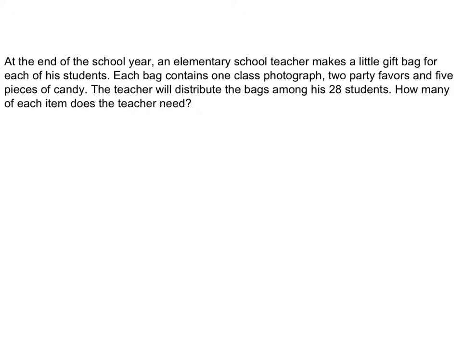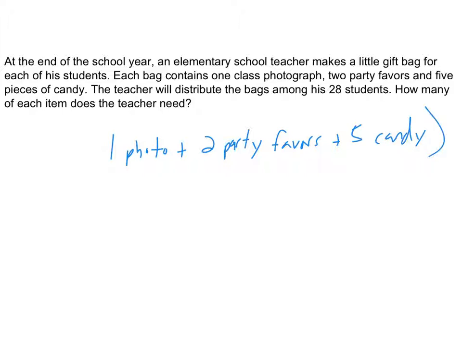Okay, so first thing we're going to do is figure out how much for 1. So it's 1 photo and 2 party favors and 5 pieces of candy. And that's going to happen for 28 students. So I'm going to multiply everything by 28.